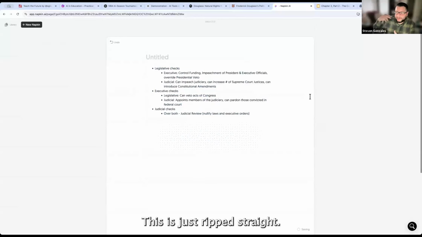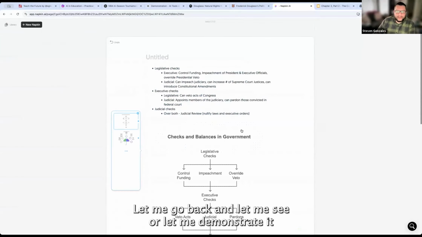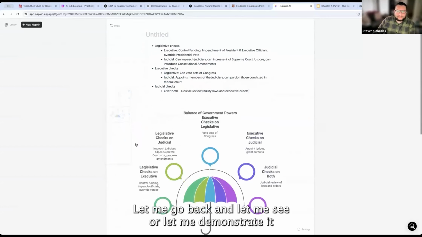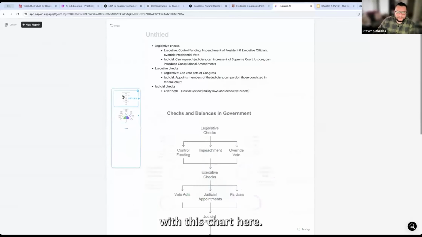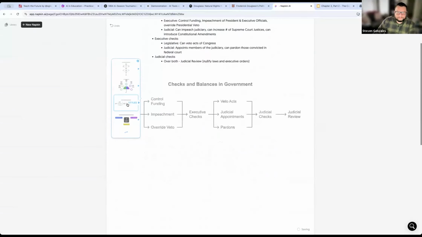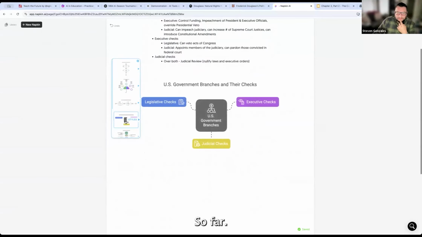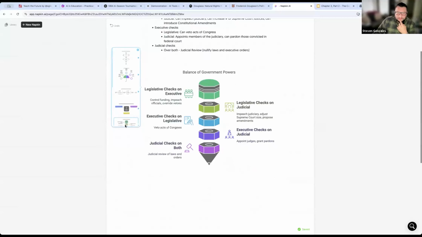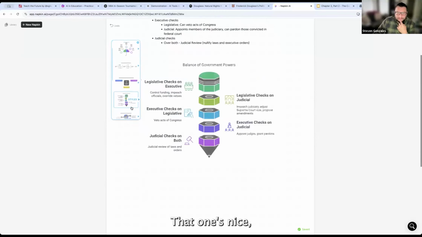This is just ripped straight. Can I take out the julep? Let me go back and let me demonstrate it with this chart here. So far, that one's nice.